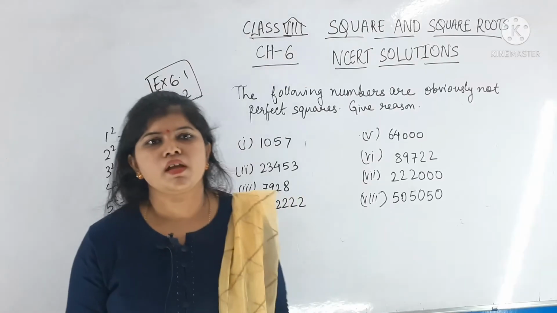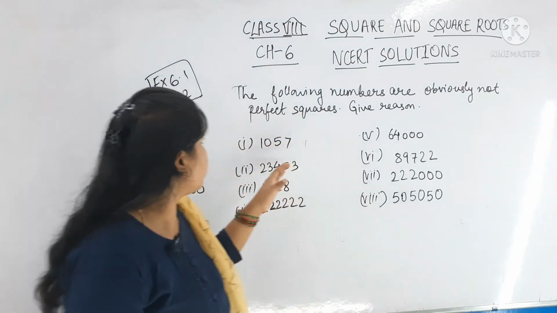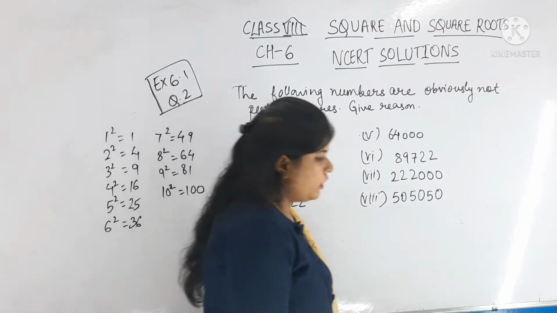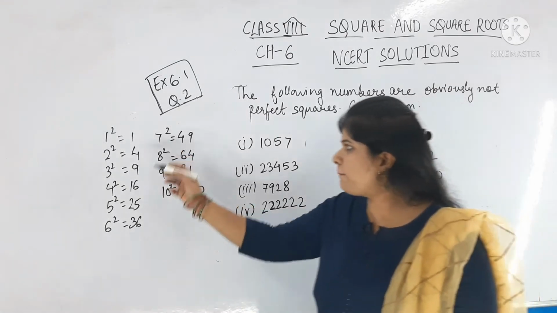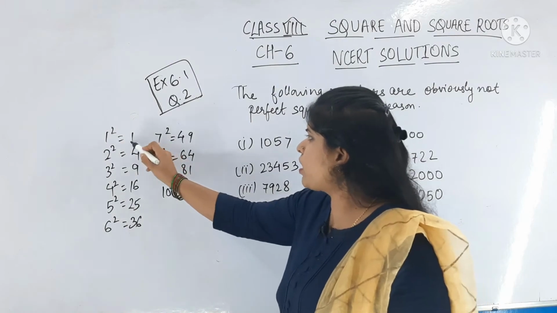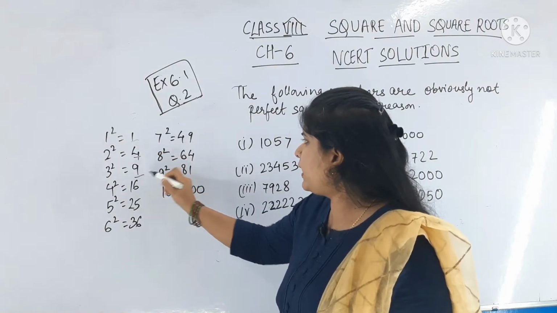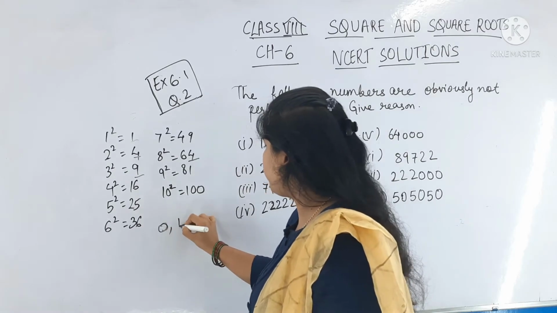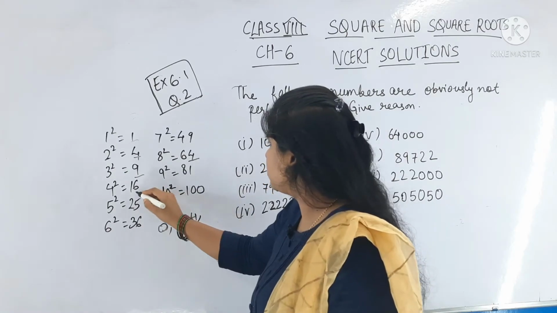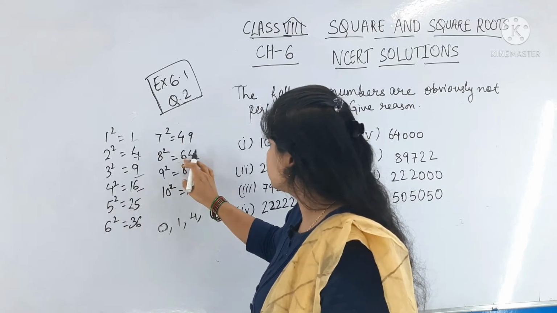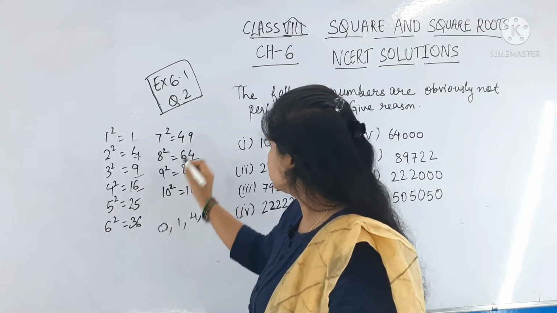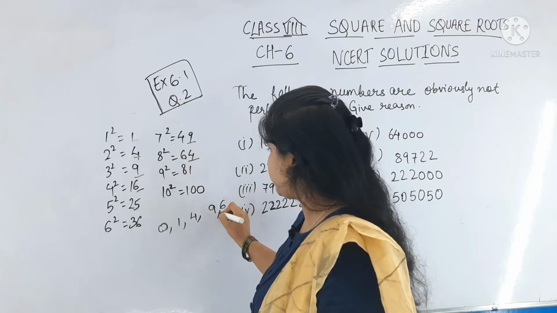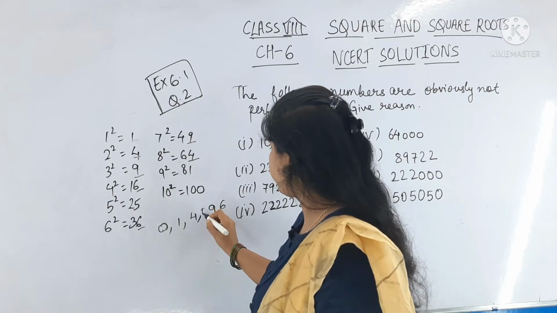Okay students, next is question number 2. The following numbers are obviously not perfect squares. Give reason. We know that the unit digits of perfect squares are 1, 4, 9, 4, 0, 1, 4, 9, 6 and 5.